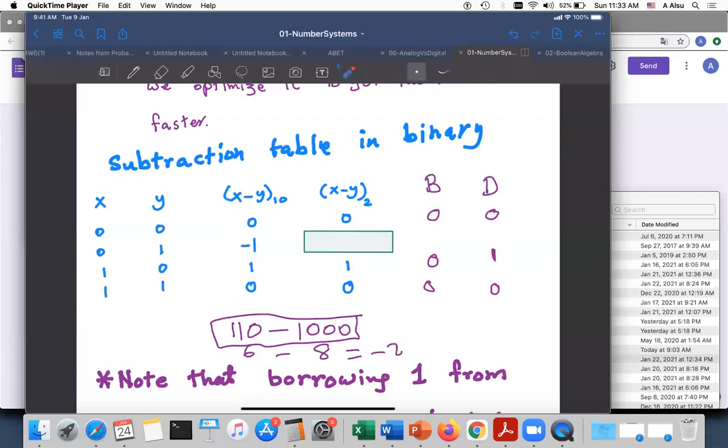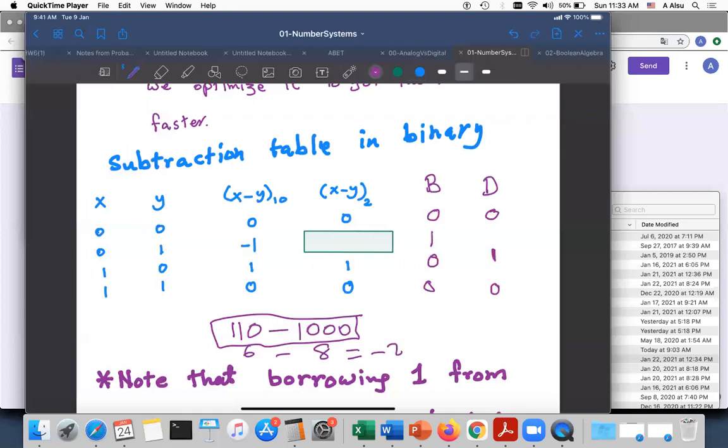Now, the only case that is complicated is 0 minus 1, and in decimal it is corresponding to minus 1. Okay, however, in binary, in which we have to split the difference and the borrow, it means that we need to borrow 1 from the next stage.